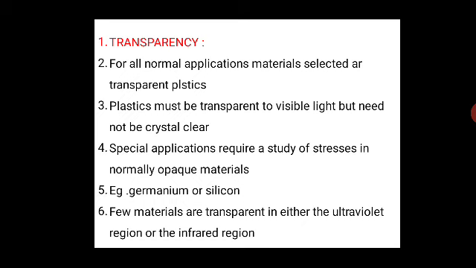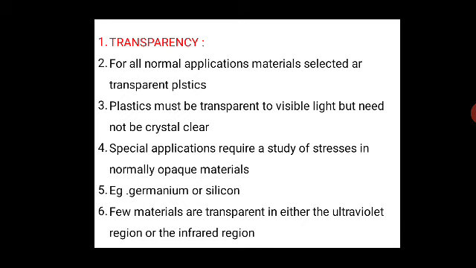This transparency requirement is not difficult to meet, since most polymeric materials are colored or made opaque by the addition of fillers. So the raw materials in the basic polymer, although not crystal clear, are usually transparent.